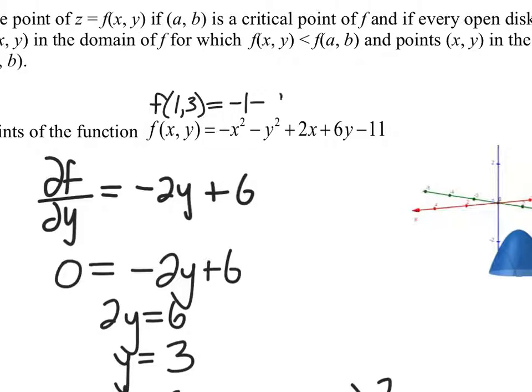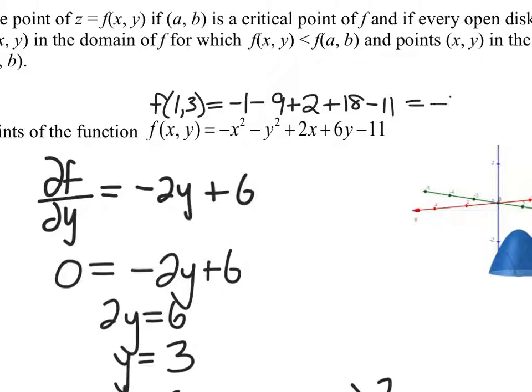Negative 1 minus 9 plus 2 plus 18 minus 11. So negative 1? No, that's not right, is it? It's 0, is it? It is.